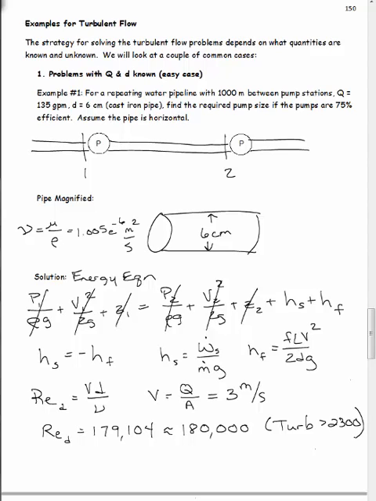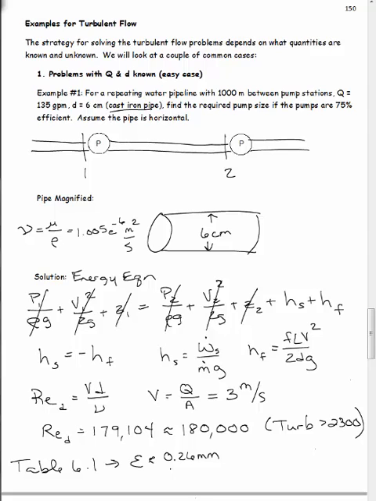The other thing we're going to need to find f is epsilon. For epsilon, you've got to look at the material to figure it out. It's a cast iron pipe. Table 6.1 has epsilons in it. For cast iron, you're going to get epsilon is about equal to 0.26 millimeters.